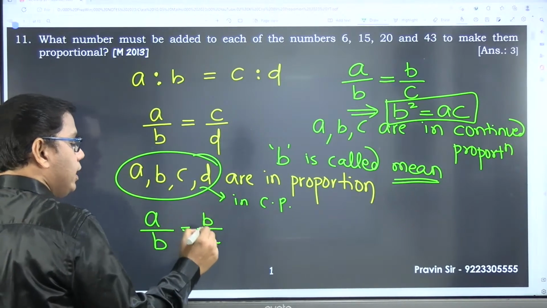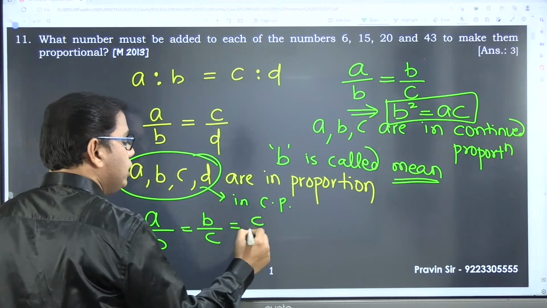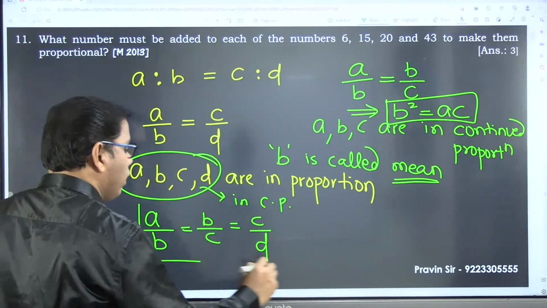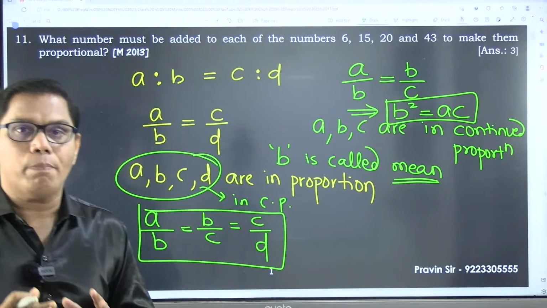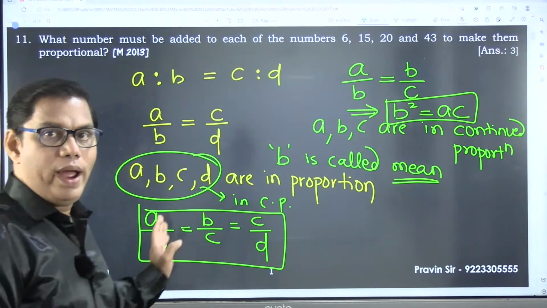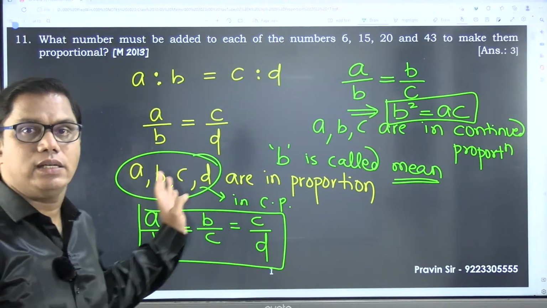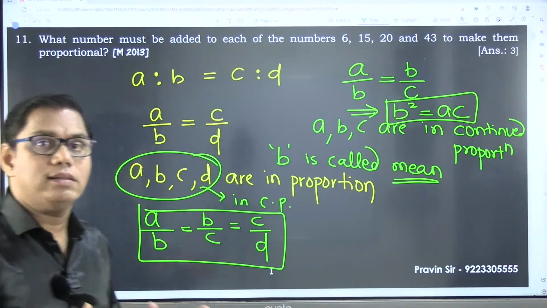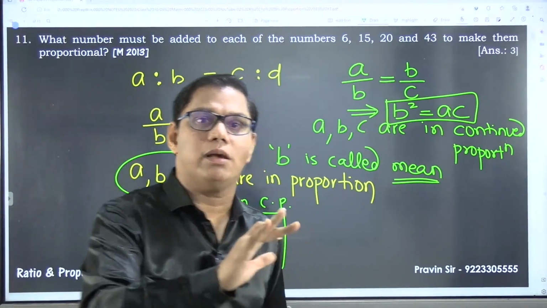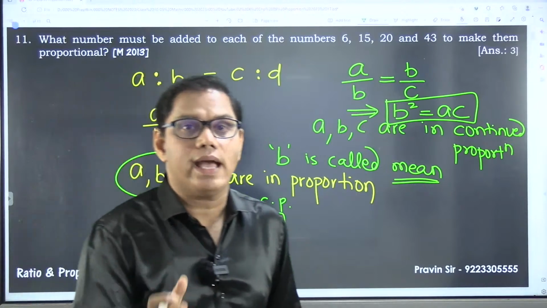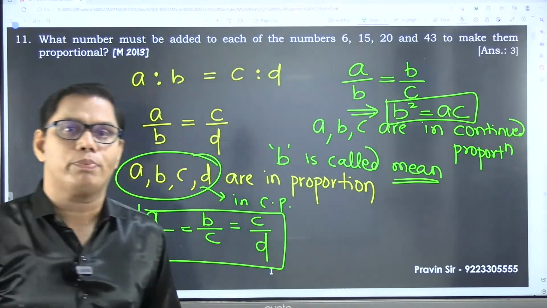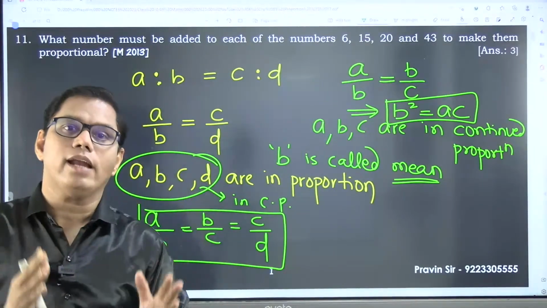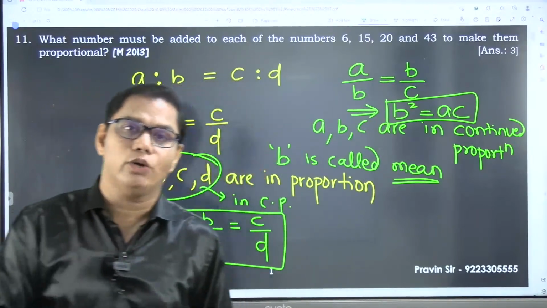A by B is equal to B by C is equal to C by D. This will be your ratio. And proportion means when ratios are equal, we say terms are in proportion. And these terms can either be in a simple proportion or in the form of a continued proportion.